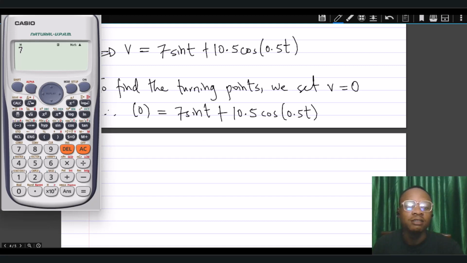So this is 7 sin(x), close the bracket, plus 10.5 cos(0.5x), then close the bracket. We can evaluate this at different values of t by just pressing the calc button, but we want to solve when the entire expression is equal to 0.